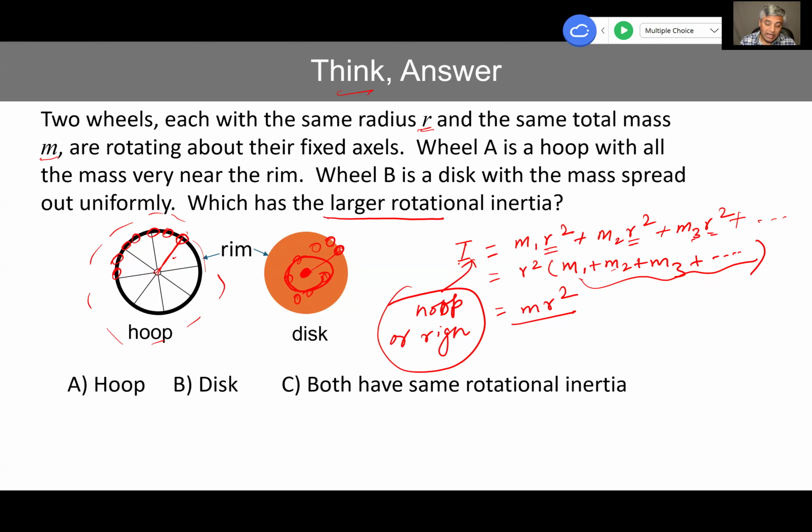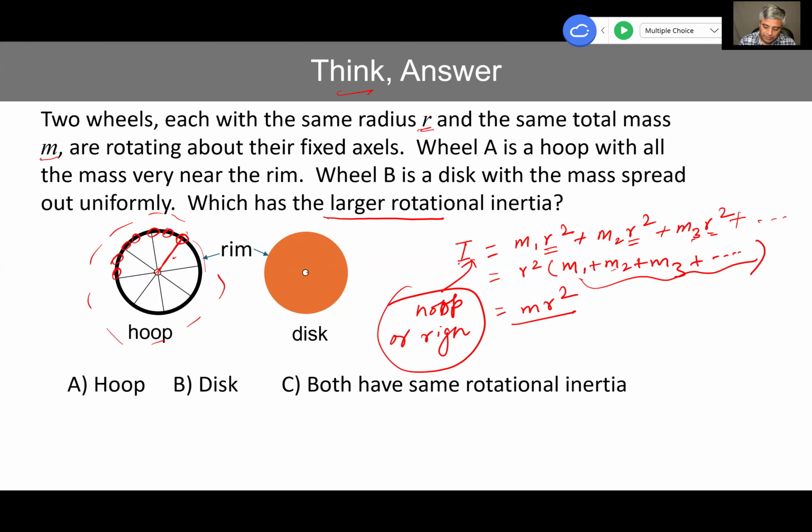See, distance zero means rotational inertia is zero. So in the merry-go-round, if you are standing right at the pivot of rotation, standing there is a lot easier for you than standing all the way out on the disk.